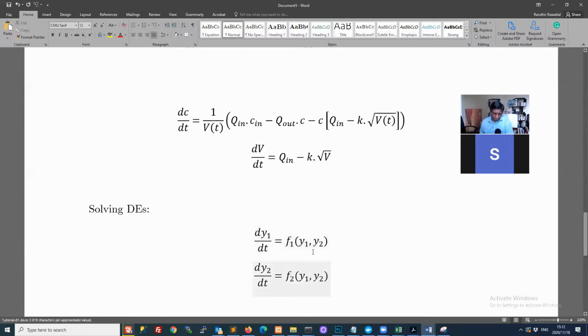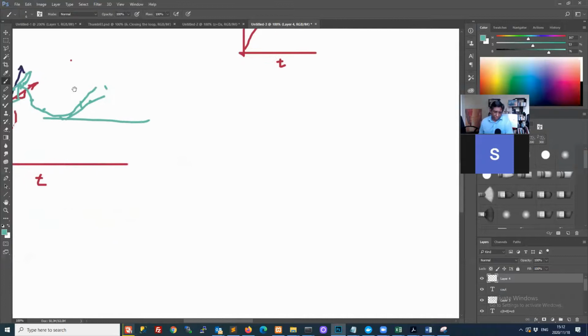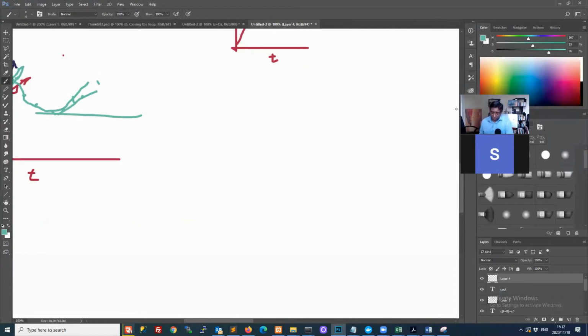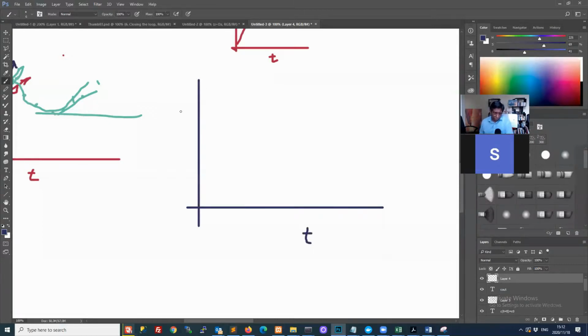And so how do we modify our calculation scheme? Well, it's in fact a similar concept as we've already talked about. So you've got your time, and you've got your two functions, y1 and y2. And now let's say we have specified at some t0, at some initial time, we happen to know the values of y1 and y2.